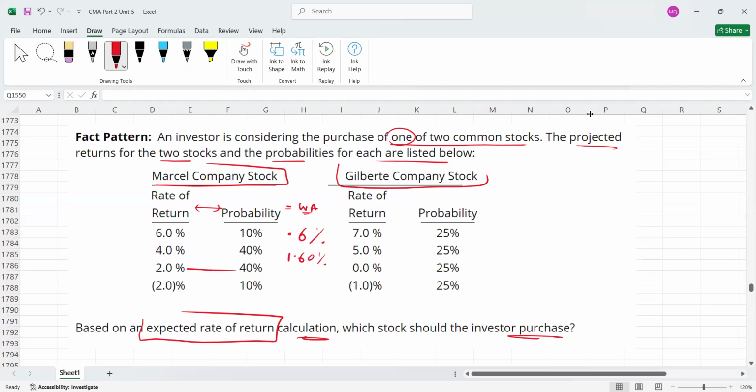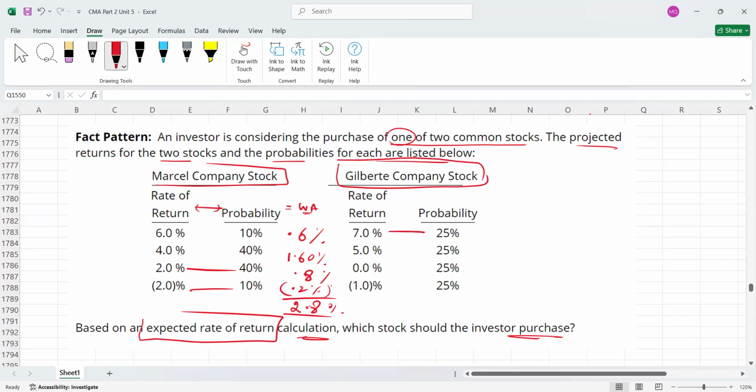Then you take 2% into 40%, it will give you 0.8%. Then minus 2% times 10%, it will give you minus 0.2%. And if you calculate the expected return, it is going to be 2.8%.